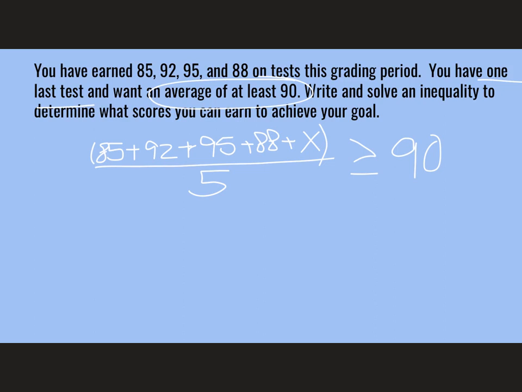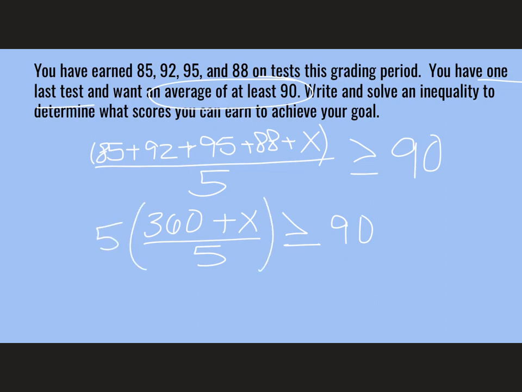So if we're going to solve this, I'm going to combine all my whole numbers here. So this is actually 360 plus x over 5 is greater than or equal to 90. I'm going to multiply times 5 on both sides to get that out of the denominator. So now I'm left with 360 plus x is greater than or equal to 450.